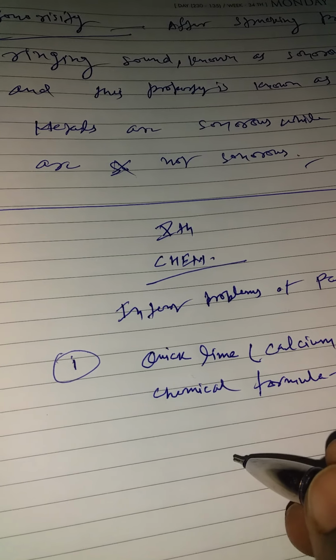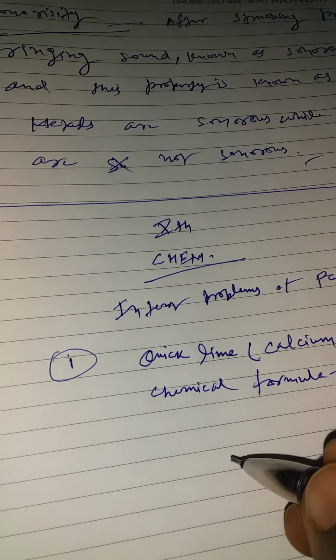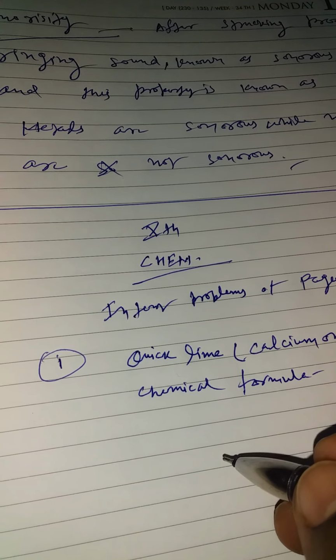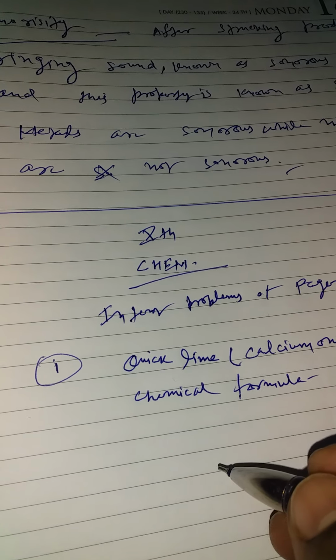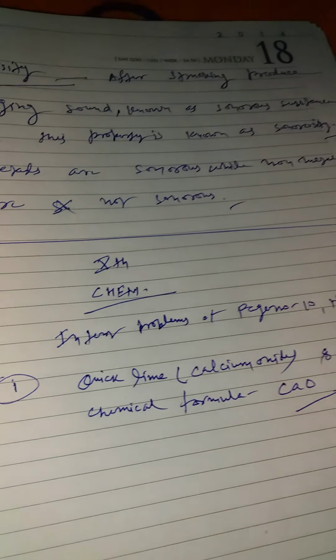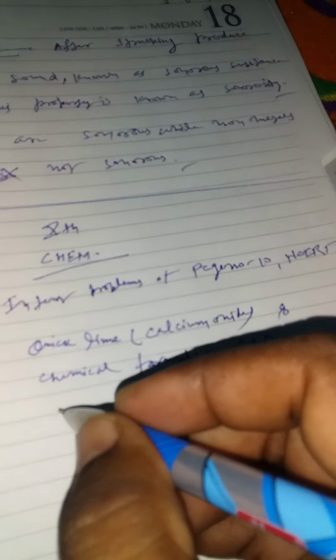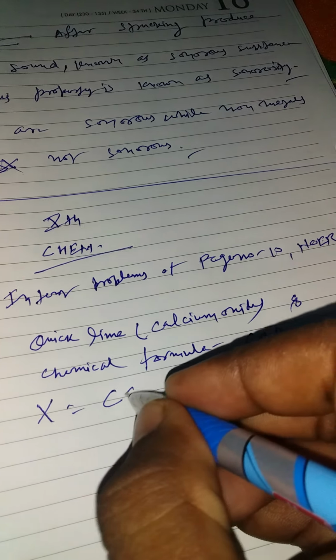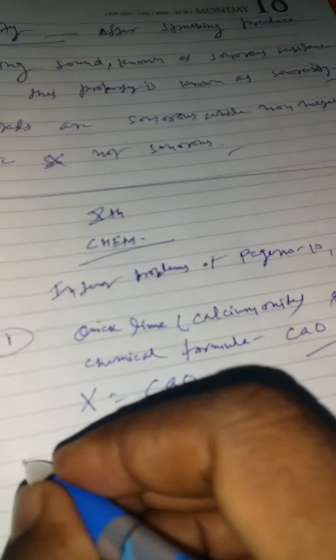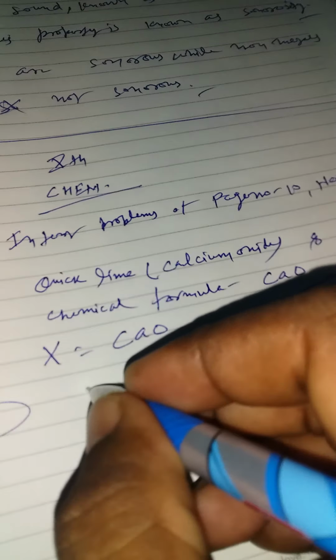Then question number 2: write the reaction of the substance X named above with water. So X is quicklime, that is CaO, and it reacts with water.